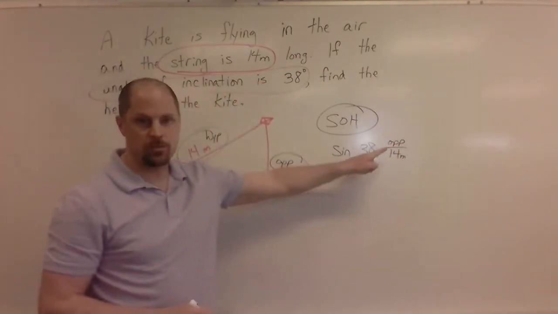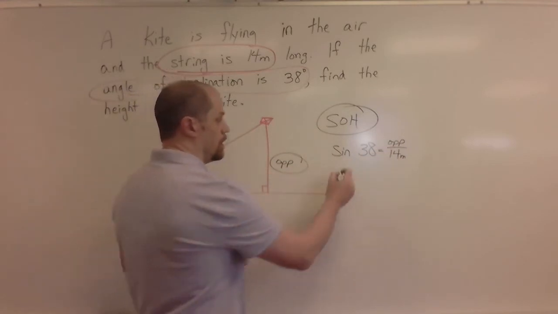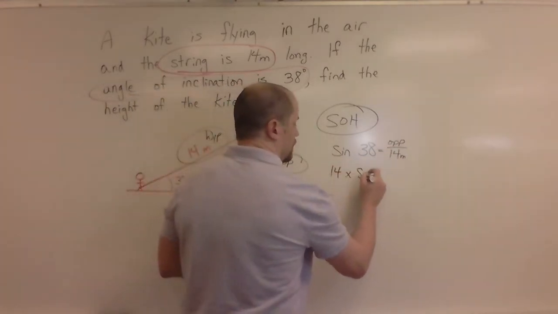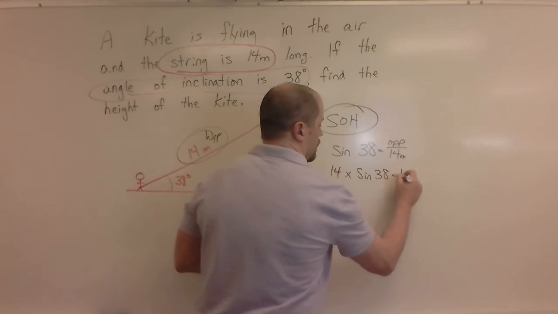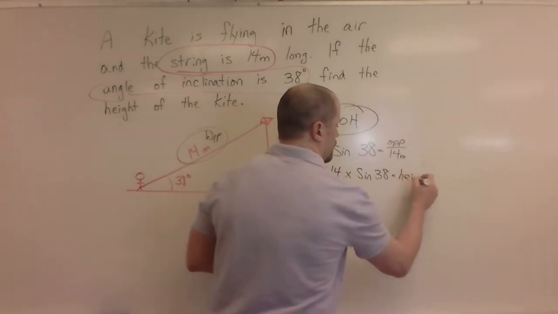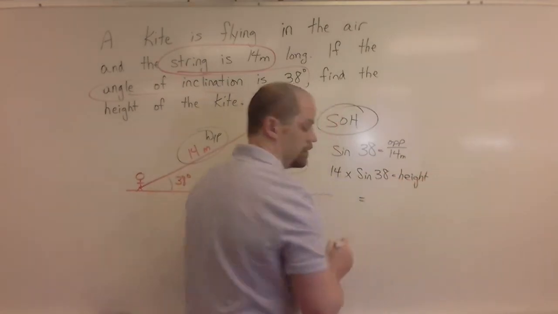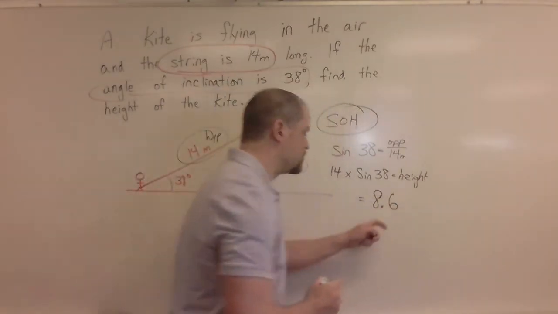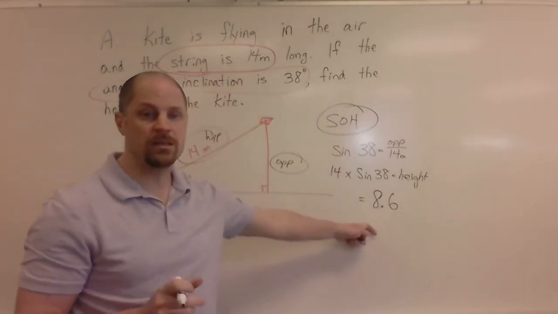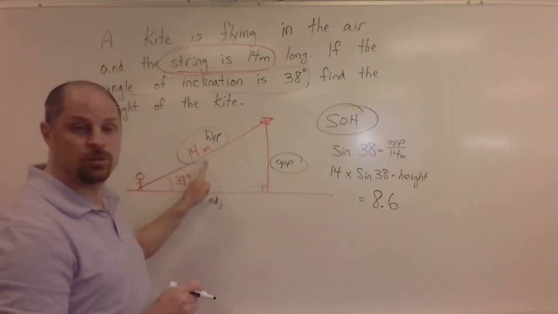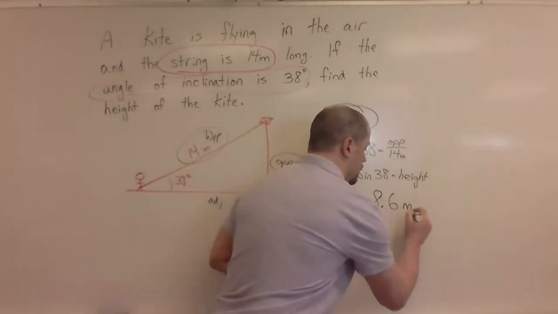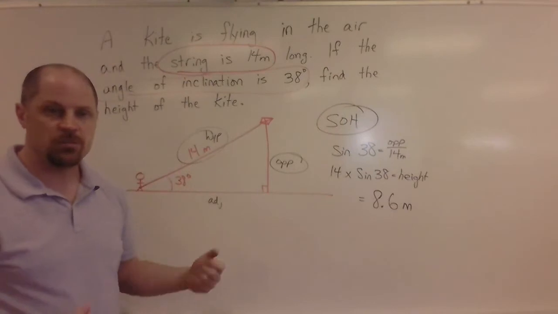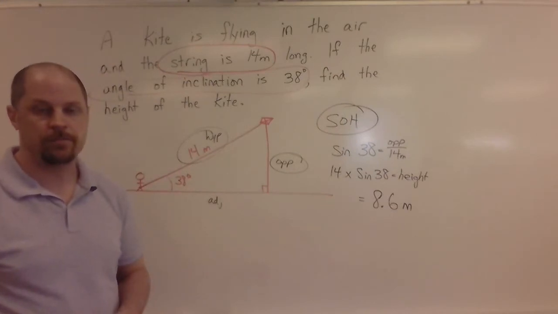Now the unknown's on top, which is what we want. So we get our number, round to 1 decimal place, and remember the units will be the same as this one. The height of the kite is the same units as the length of the string.